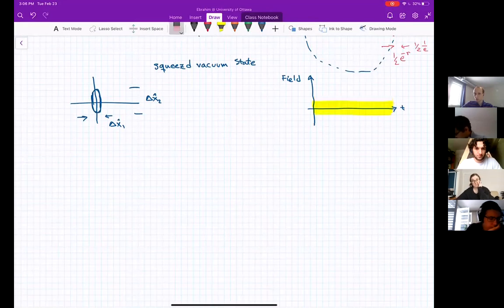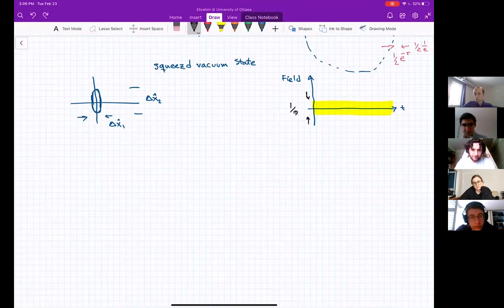This is for the case of vacuum. The noise or uncertainty that you have is fixed, given by 1 divided by 4. Or let's call it 1 divided by 2.